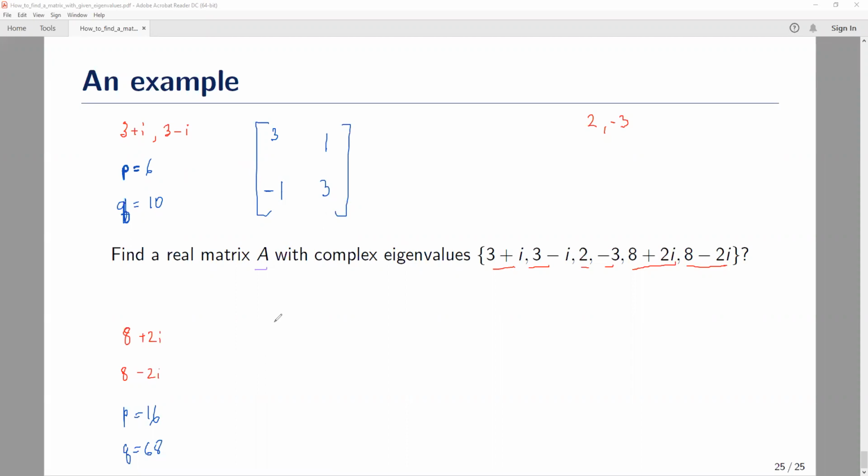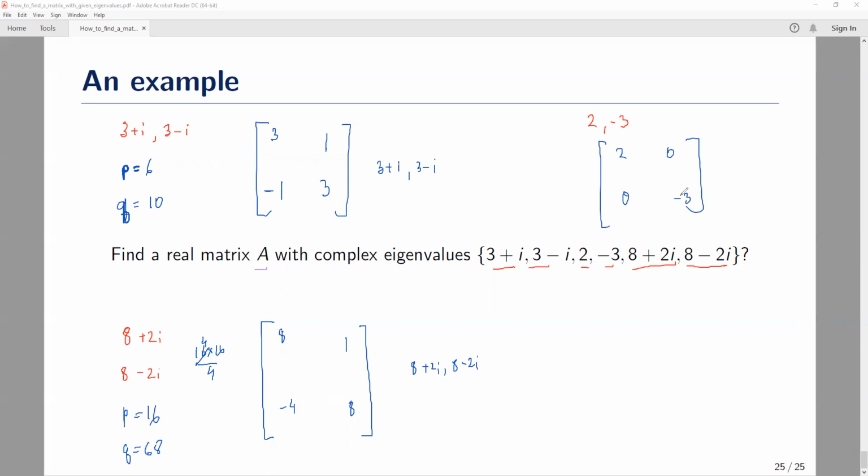And here P is equal to 16, so P by 2 is 8. Here it's 1. P square by 4, 16 square by 4 is 64, minus 68, it's minus 4. So this matrix has eigenvalues 8 plus 2i and 8 minus 2i. This matrix has eigenvalues 3 plus i and 3 minus i.